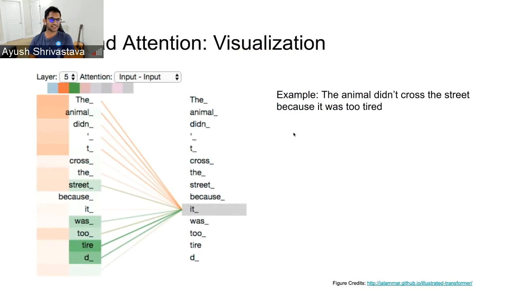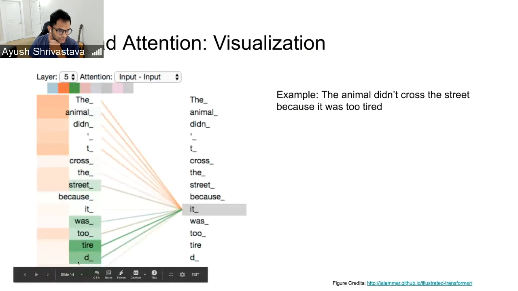Now let us look at some visualization of multi-head attention. If we look at the attention weights, you can see that in two different attention heads, the weight for "it" is quite focused towards "an animal" in one space, and in another space it is paying attention to "tired".